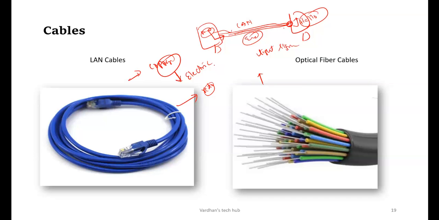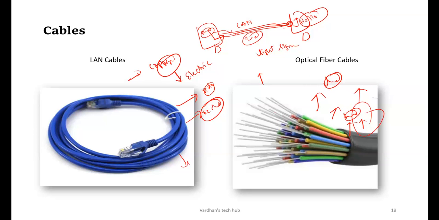But with optical fiber cables, if there is any bend or damage, it won't be able to transfer the data. So copper cables have more redundancy, while optical fiber cables have less and must be handled with care. More care is required with optical fiber cables, but with LAN cables there is no need for such care.